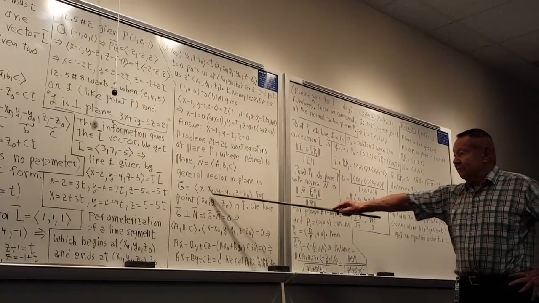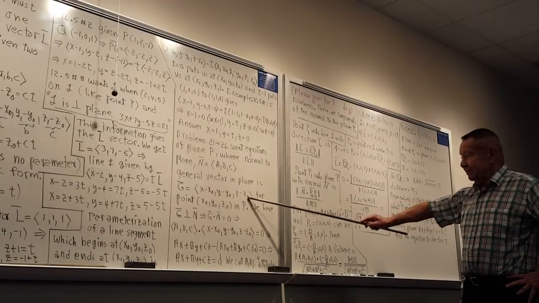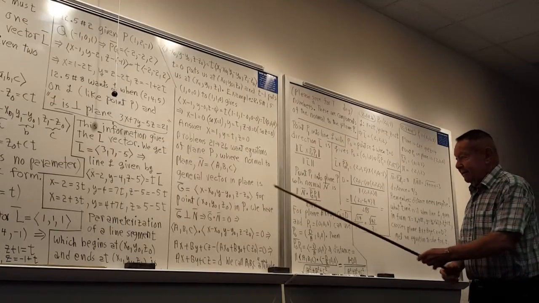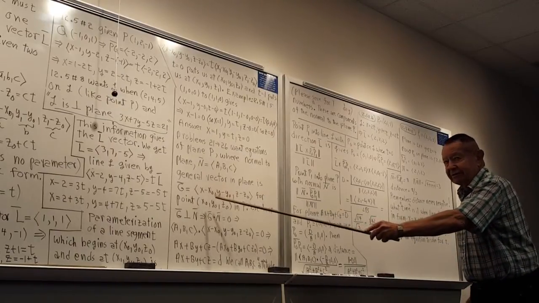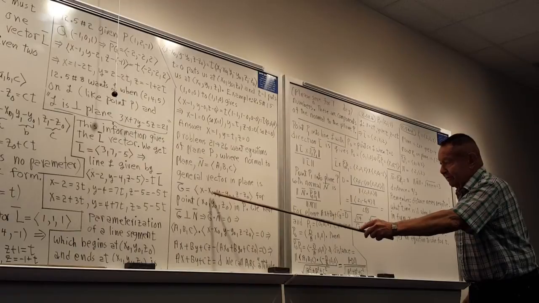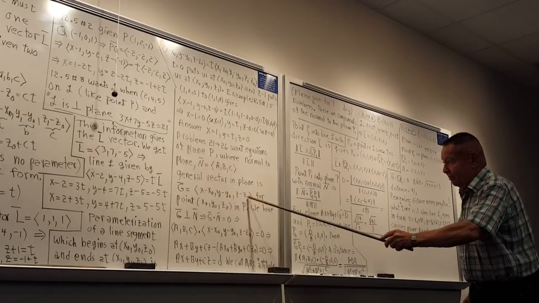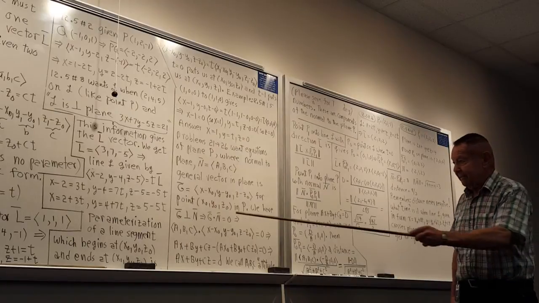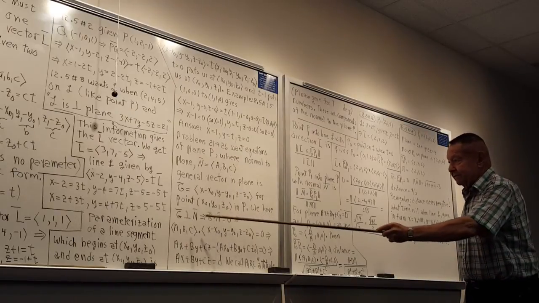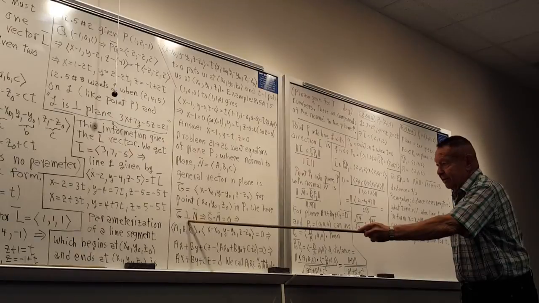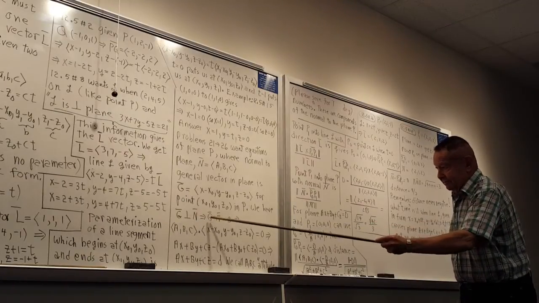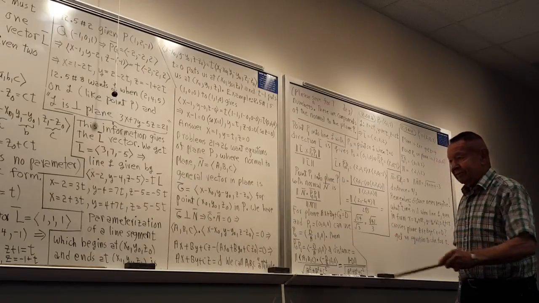So we suppose x0, y0, z0 is a point in the plane. And then a general vector in the plane is from that given point to a general point x, y, z. And so it's perpendicular to the normal, so the dot product then is 0.